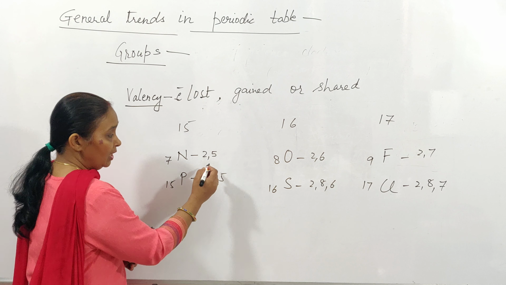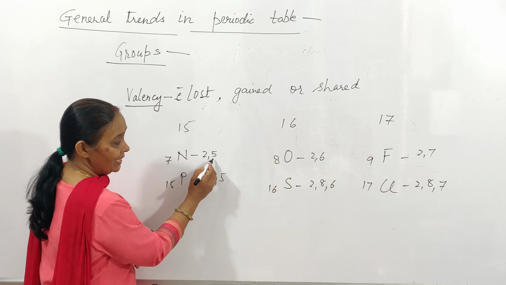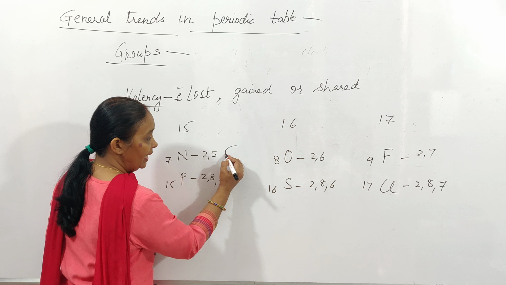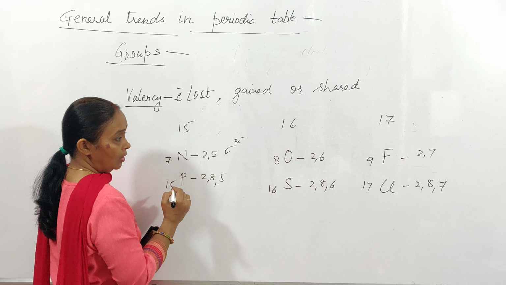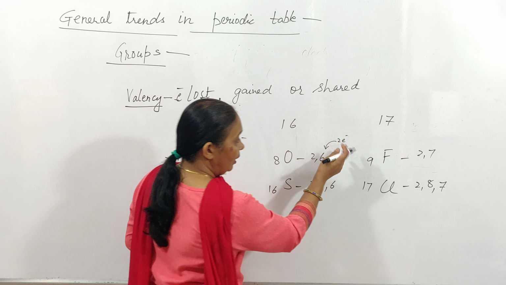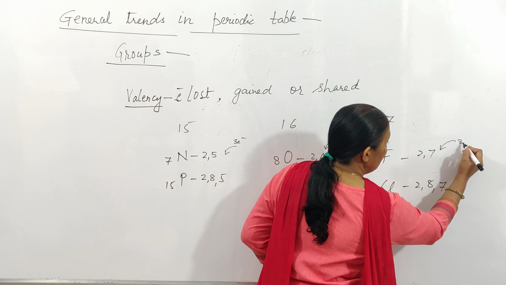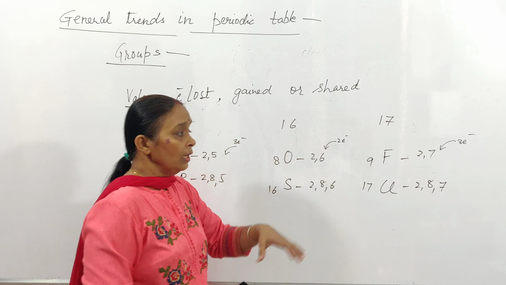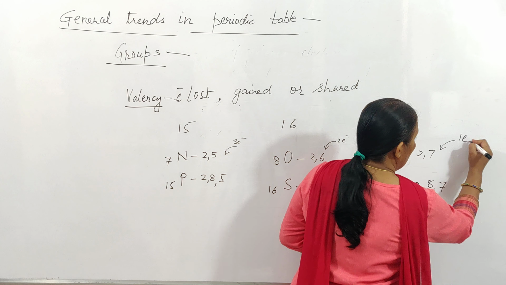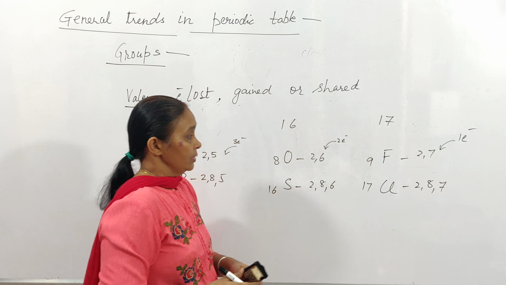Now if you see these elements of 15 group, 16 group and 17 group, what do you find? In 15 group elements, there are only 3 electrons less than completing the octet. So these will gain 3 electrons. 16 group elements will gain 2 electrons and their octet will be complete. 17 group elements will gain 1 electron and their octet will be completed.